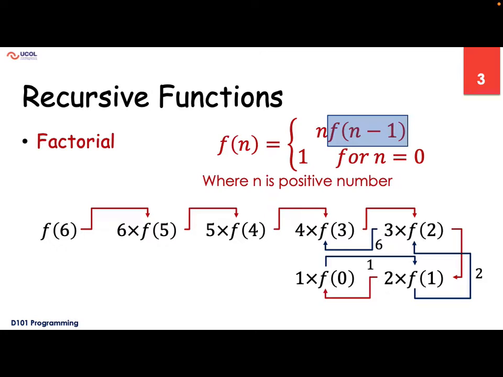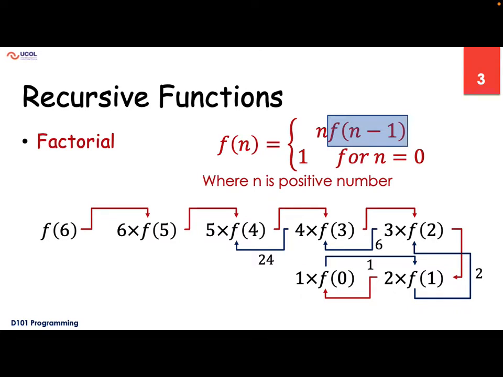And then this value 2 is going to be returned as the value of the function at n equal to 2. Now this f of 2 has been replaced with 2. 2 multiplied by 3, the answer is 6. So 6 is going to be replaced at the function value at 3. 6 multiplied by 4, 24.